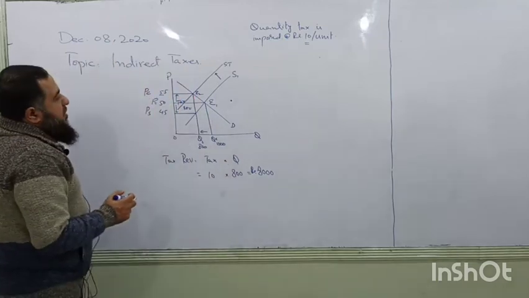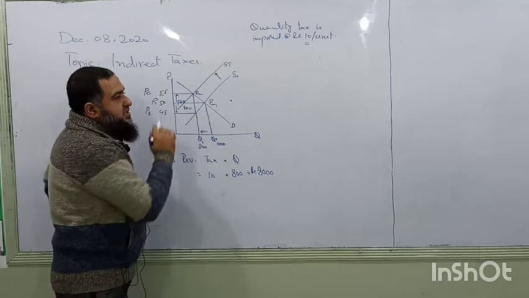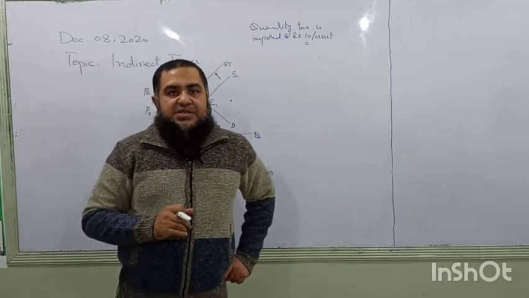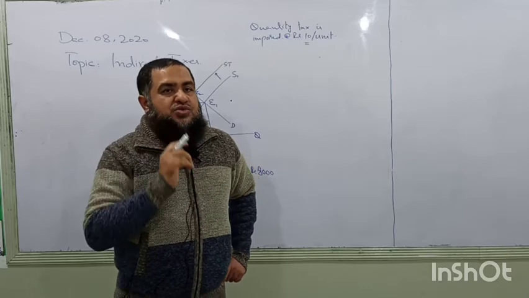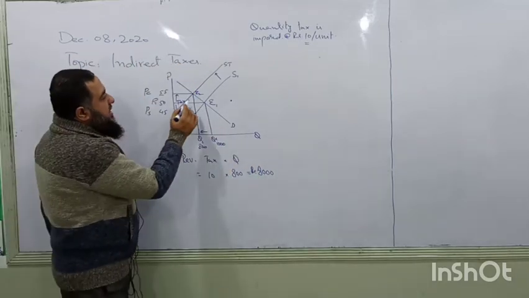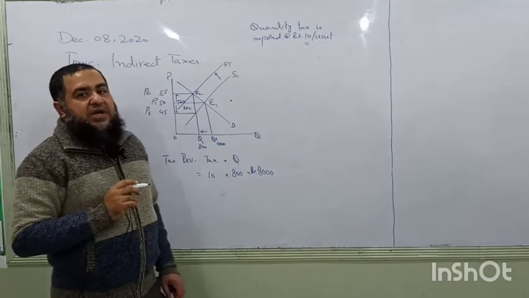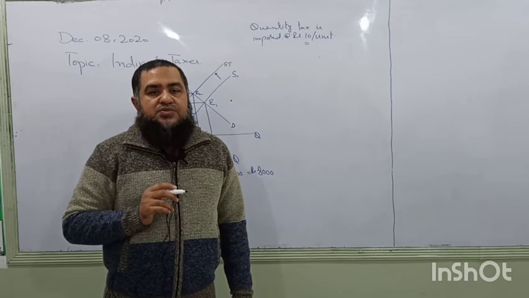Okay. Now, if you see, there are these two triangles which are also formed along with the tax. So when we talk about these two triangles, what are these two triangles? Actually, the upper triangle is showing us what?